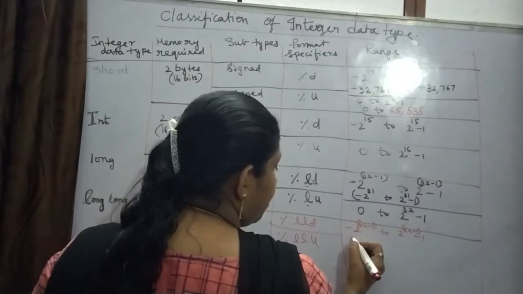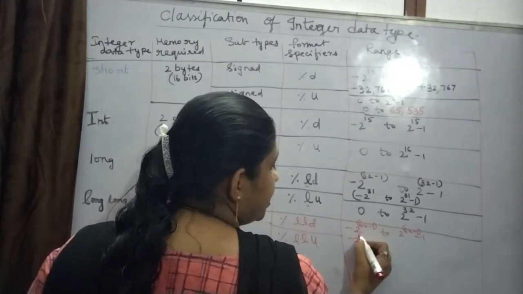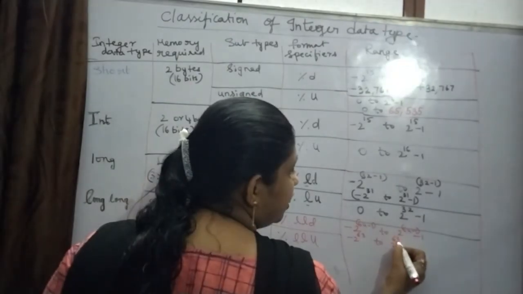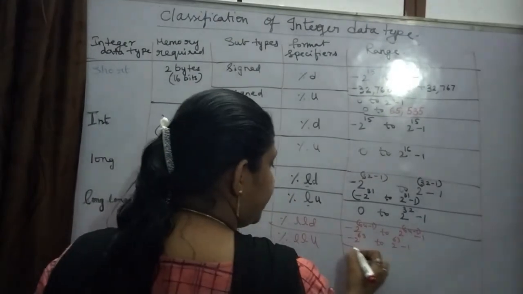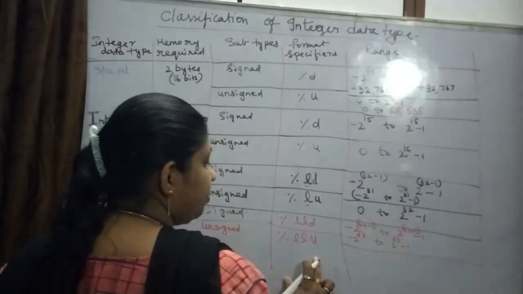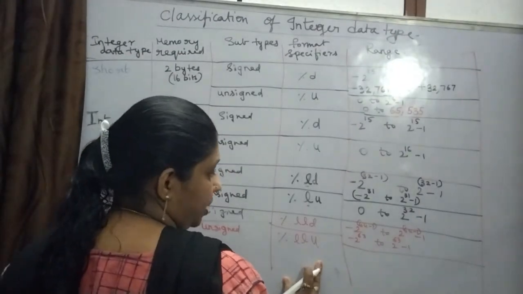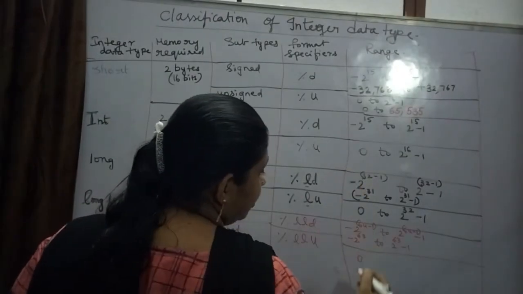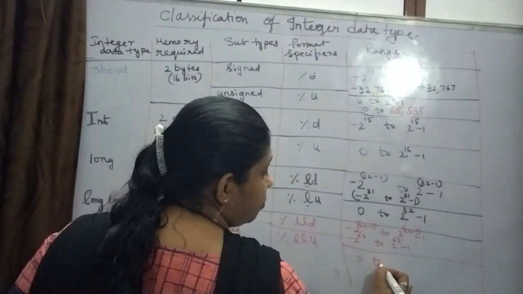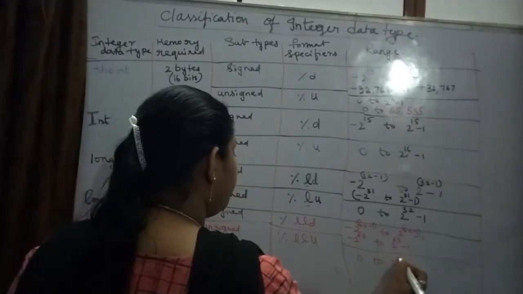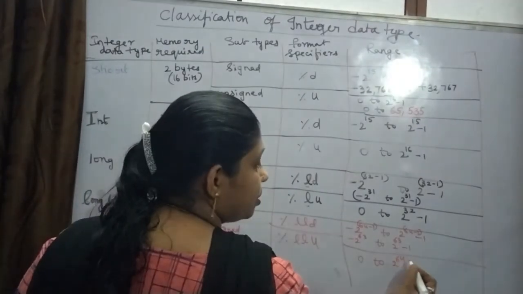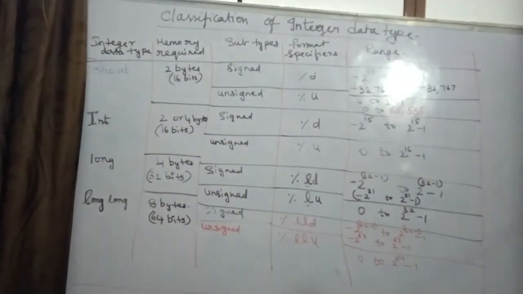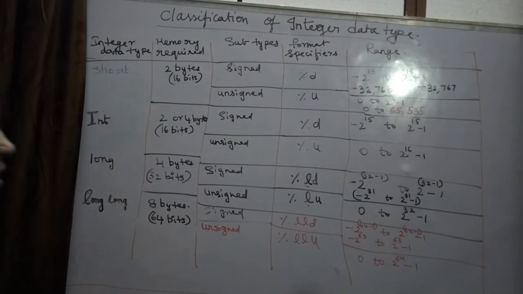So it will come around minus 2 to the power of 63 to 2 to the power of 63 whole minus 1. So calculate it and just check it out. Next, for percentile LU, that is unsigned, you have a formula again just like short int: 0 to 2 to the power of n, n is here 64, so 64 whole minus 1. Understood? So this is the range of the value.